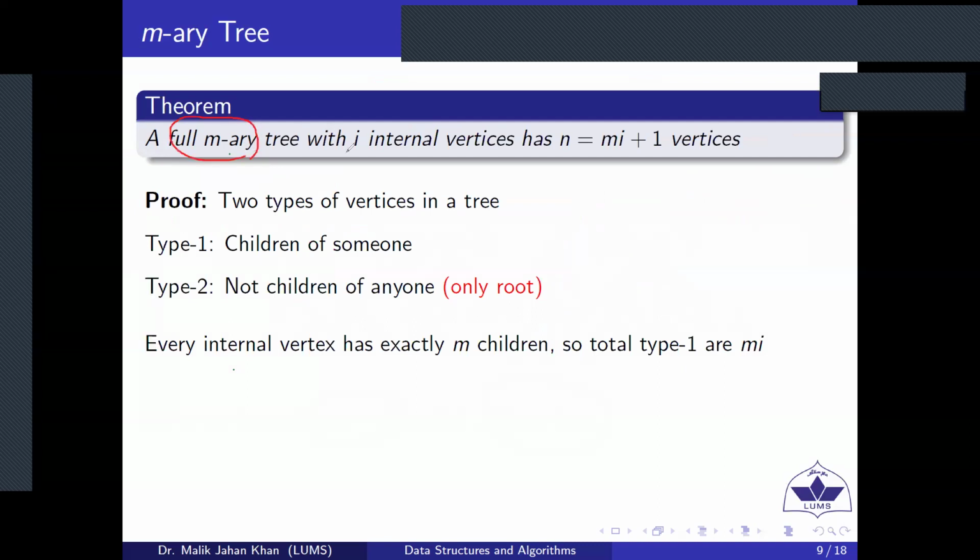A full m-ary tree with i internal vertices has n = mi + 1, where n represents the total number of nodes or total number of vertices. I is the number of internal vertices. That's the kind of property which we are trying to establish over here.